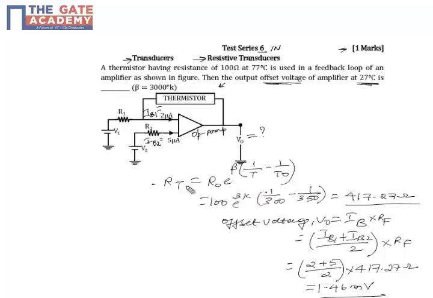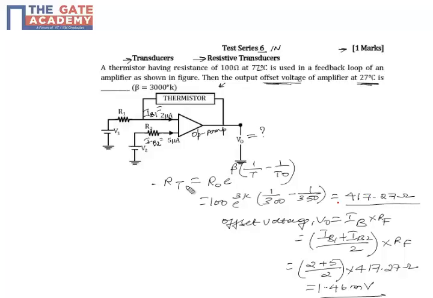I substitute all the quantities, converting everything into Kelvin. 27 is converted into Kelvin by adding 273. So 1/300 minus 1/350, which is 273 plus 77 degrees centigrade. On simplifying, I get the resistance of the thermistor at 27 degrees as 417.27 ohms.